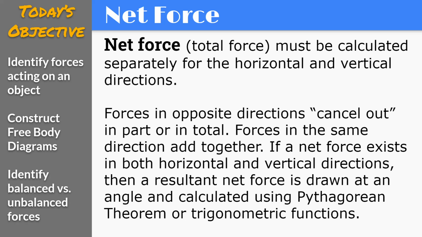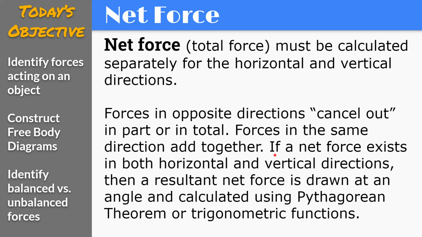You're going to have horizontal data, you're going to have vertical data, and you're going to need to use both of them to answer questions about the total net force, just like you had to for your total resultant velocity, for example. Forces that are in opposite directions will cancel out in part or in total. Forces in the same direction will add together.